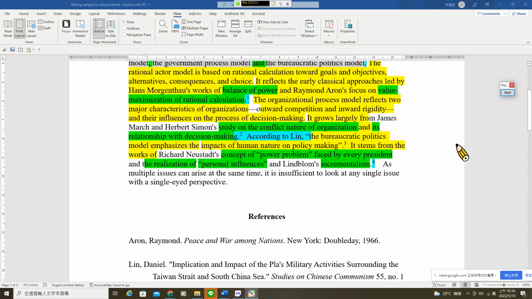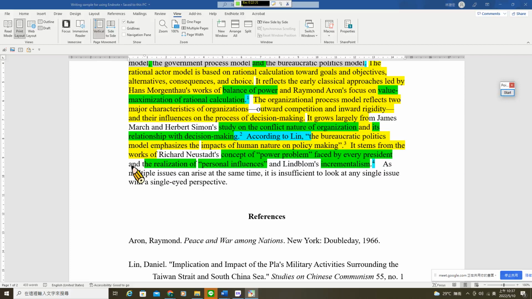Why do I need a page? Because here, I use the quotation marks. See, I use the quotation marks. It means everything here is the exact words from the original text. That's why I need to identify the page. Okay, so number 4.